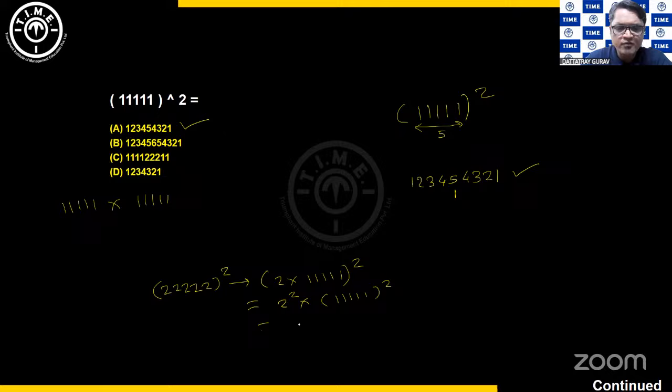This is nothing but 4, and the answer of the other part we got is 1, 2, 3, 4, 5, 4, 3, 2, 1. Now just multiply it and get the answer. If you look at the answer, it ends with 4, then 8 and 284, like that. Check the other options. So the same concept I can use for another number also. This is the application for single digit numbers which contain 1 digits. This part is okay.